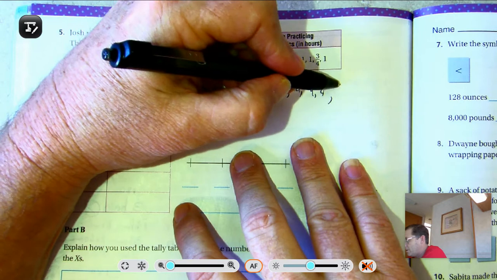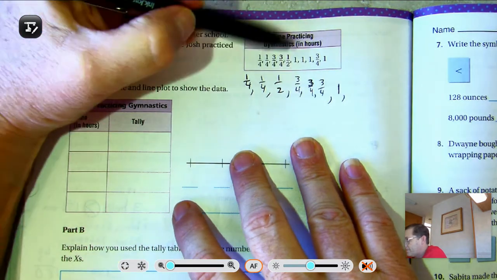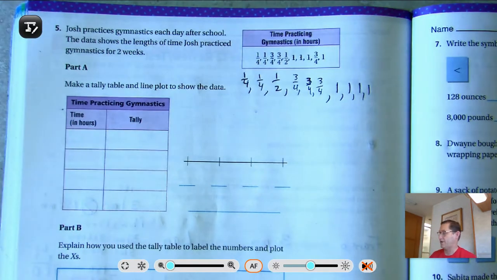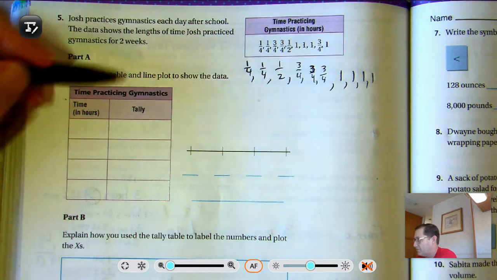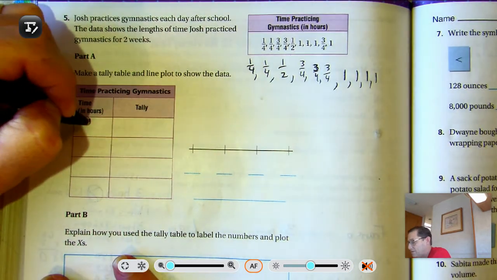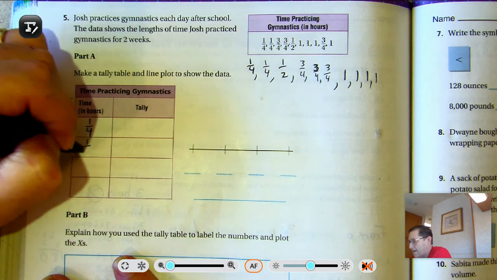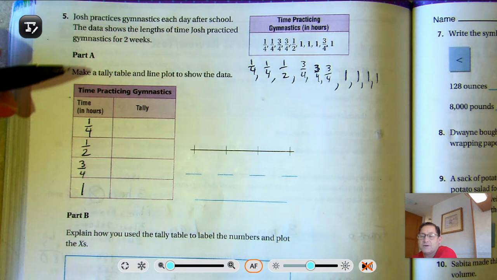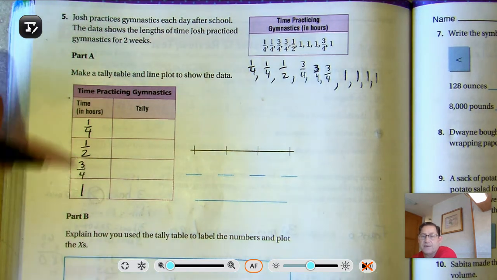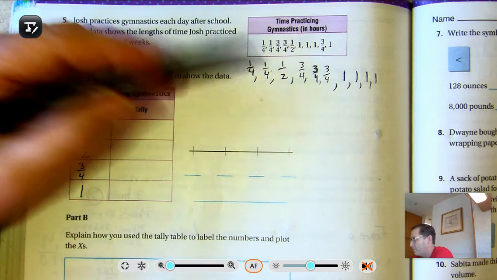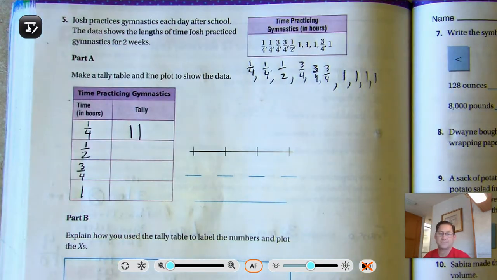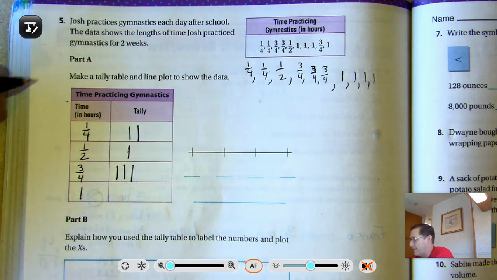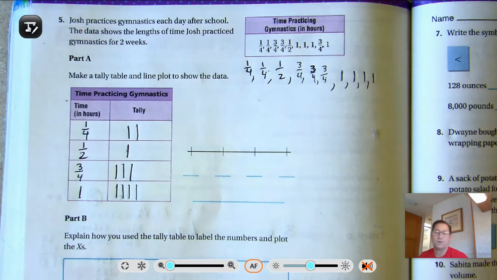And then 1 would be the largest or longest time, and it would be 1, 2, 3, 4 times he practiced for an hour. All right, so then we're going to transfer those numbers into the tally chart. 1/4 hour, 1/2 hour, 3/4 hour, and 1 hour. And we'll put the same number of tally marks for each time it repeats. 1/4, I see it twice. 1/2 was only once. 3/4, there were 3. And 1, there were 4.